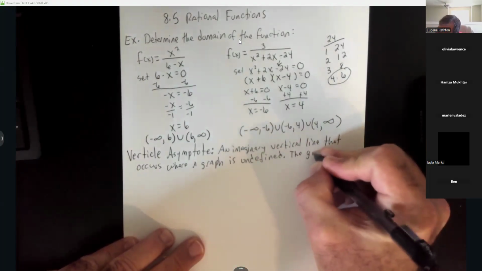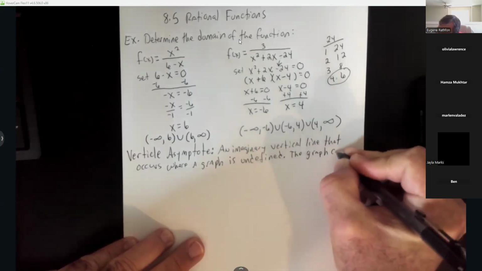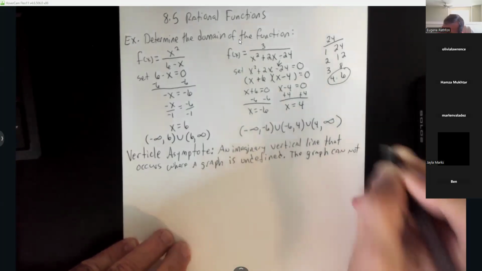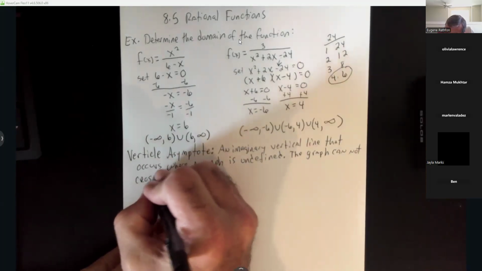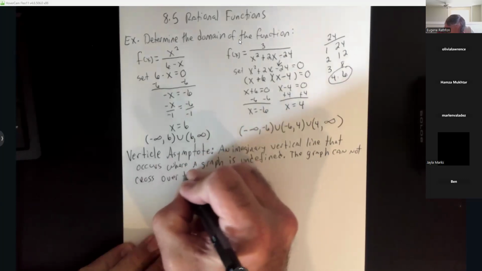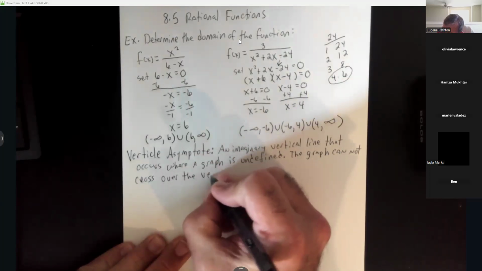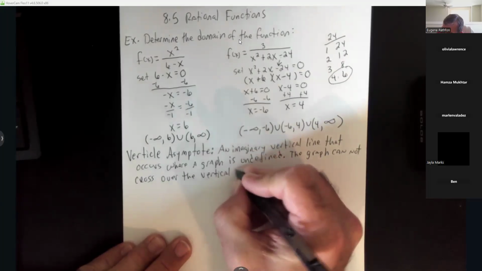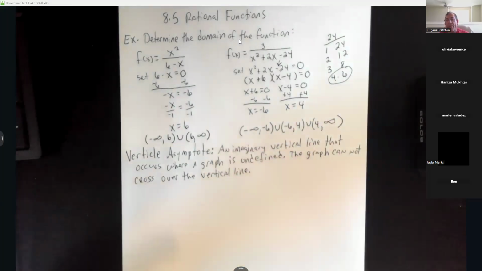The graph cannot cross over the vertical line, because the graph is undefined at that point, so it cannot go over that vertical asymptote sitting there, okay?